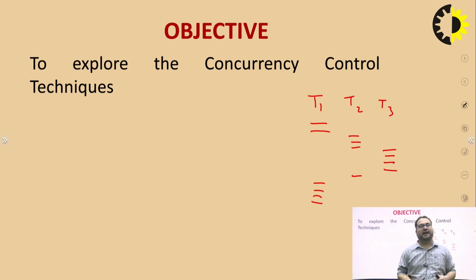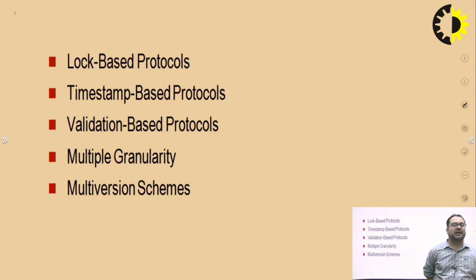It must satisfy atomicity, consistency, isolation and durability. So we have these kinds of techniques used for concurrency control.